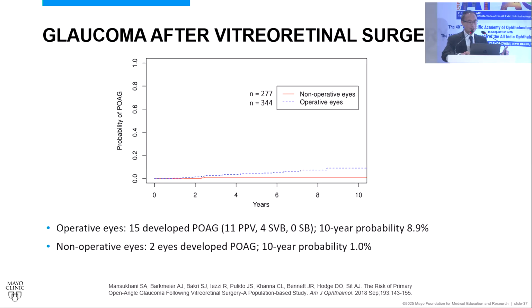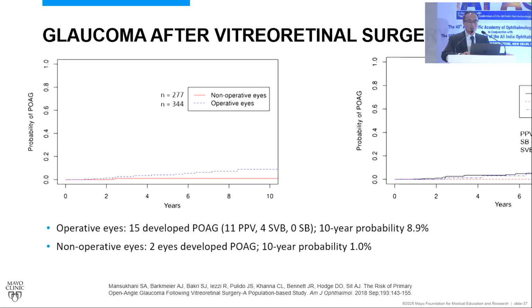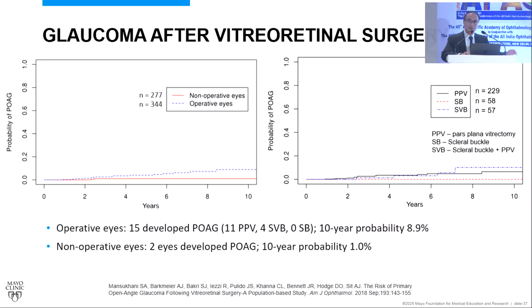And what we found is that if you had vitreoretinal surgery, you had a higher risk of developing glaucoma. So that's not going to be a surprise to most of us who have to deal with patients who have had vitreoretinal surgery. What really surprised us, though, is that that was completely driven by vitrectomy. So if you looked at patients who had only scleral buckle, 0 patients developed glaucoma, and so that was actually less than the population norm.